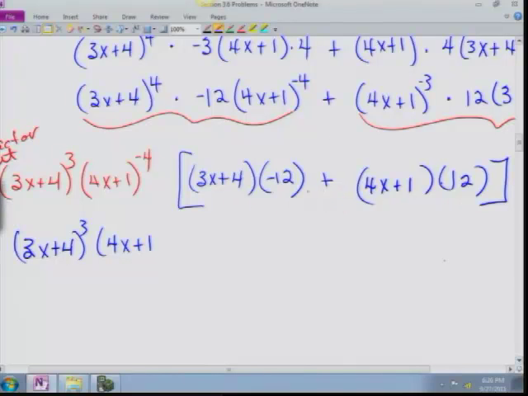Yeah, do this for me and see what you get, and let's go with this, and then we'll see if we would have wanted to do that. What are we getting? X minus 3.